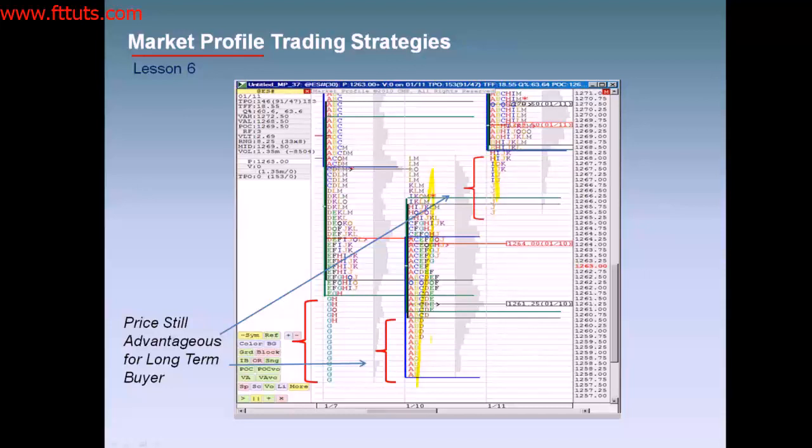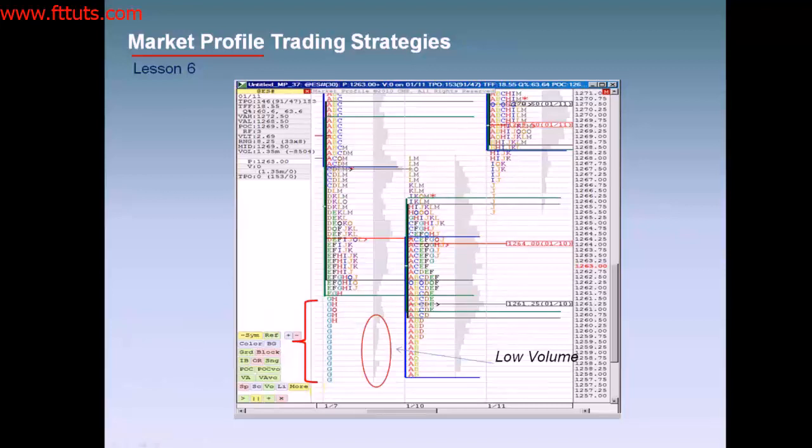But what happened is the same buyer still perceives value to be low at this point, and so they came in and they picked prices and took them back up to the value area. So this buyer that probably started here and here was still committed to a higher level and continued to take prices higher and higher.